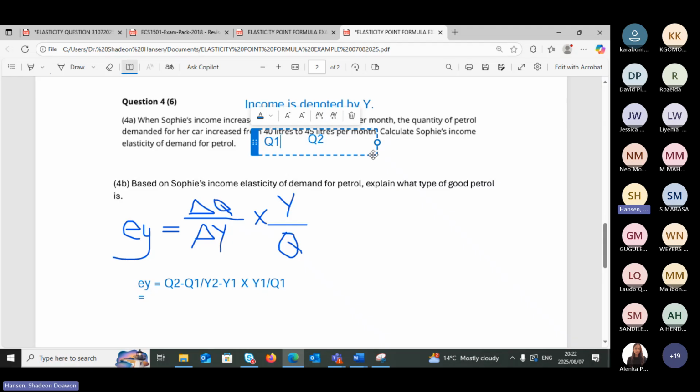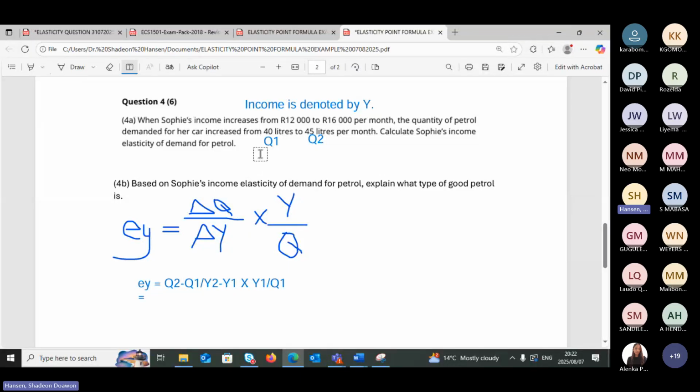Because I don't want you to, please, it will be disastrous, students, if you mix your quantities, whether you're calculating elasticity of demand or elasticity of supply or income or cross elasticity. It's going to be disastrous if you switch up your quantities. Please note that the one that is mentioned first is the first one.